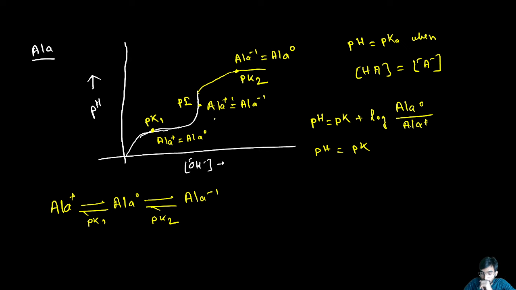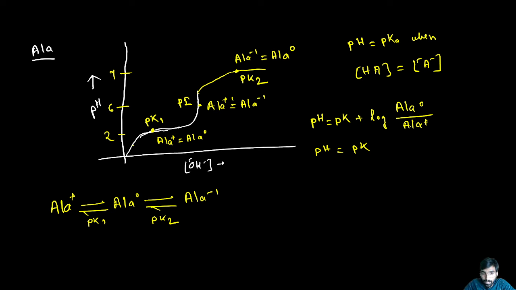At pI, the positively charged and negatively charged forms are in the same quantity. You can do similarly for glutamate and aspartate, but you have to be careful about deciding the point. So suppose that point comes around 2, that around 6, that around 9. So at 6 this is the pI, at 2 that's the pK1, at 9 that's the pK2, right? This is the titration plot of alanine.